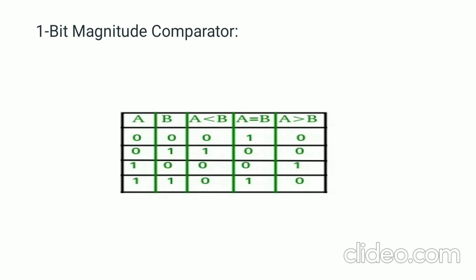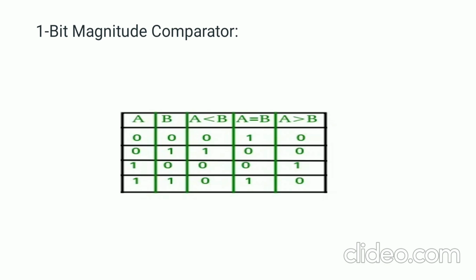Here A has value 0 and B has value 1, so B is greater. So in the output, A less than B produces 1, and the remaining values are 0.